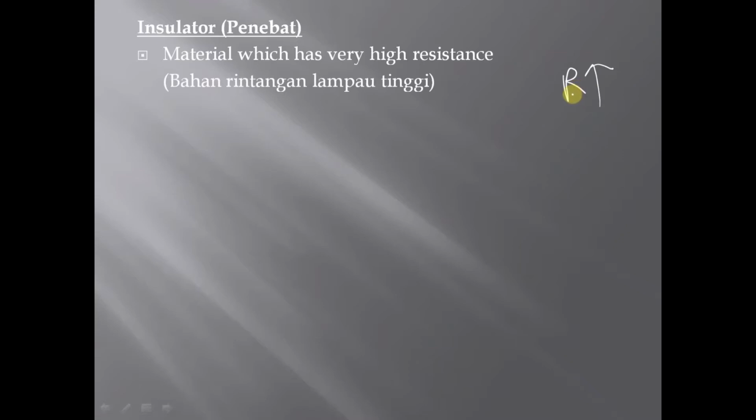And obviously a lot of people know examples of insulators we can find. It's like rubber, wood, plastic. All this is considered as an insulator ataupun dinamakan sebagai penebat. So harap kamu boleh faham membezakan bahan yang pertama yang kita namakan di sini adalah penebat.